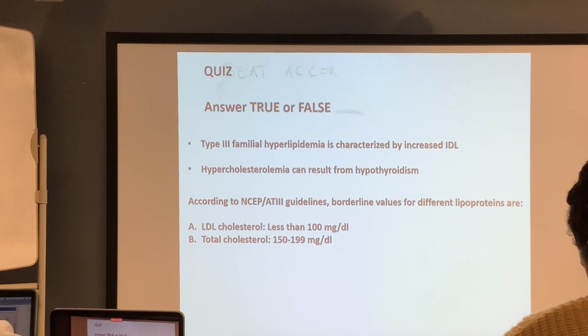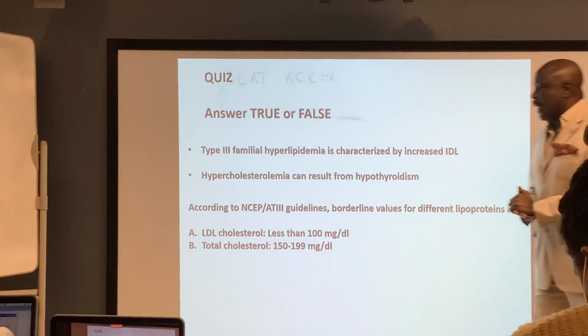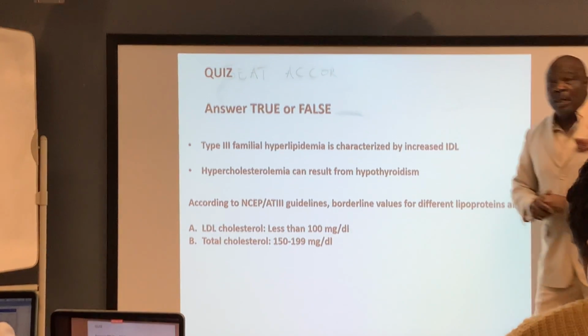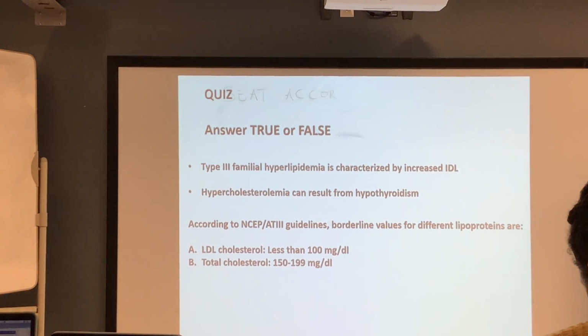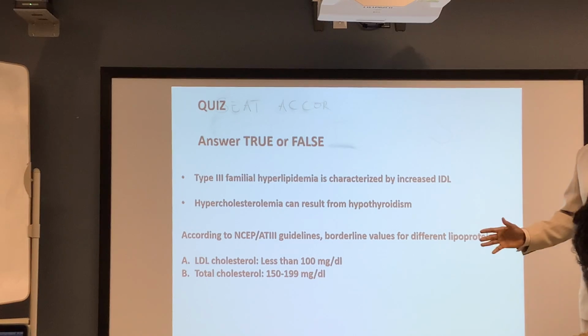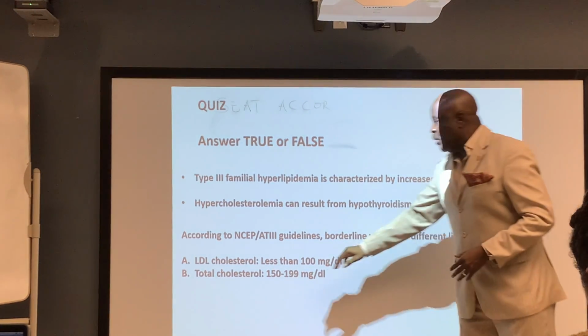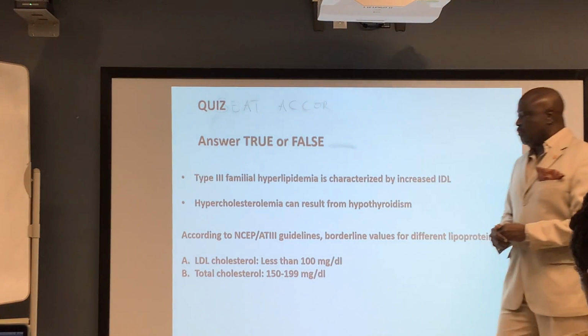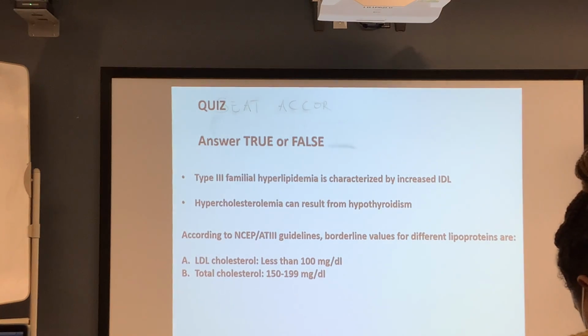So let me go back to this now. Would you say borderline value for LDL cholesterol is less than 100? Yes. Okay, less than 100 would be normal or optimal. And then what of total cholesterol? 150 to 189, would that be borderline? For total cholesterol, would that be borderline or optimal?